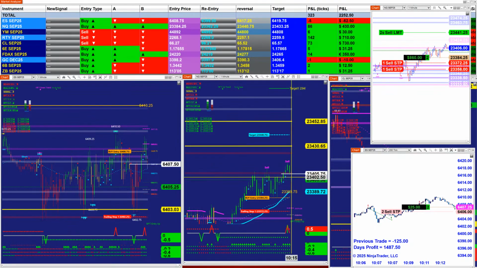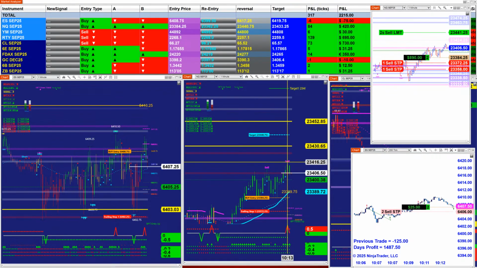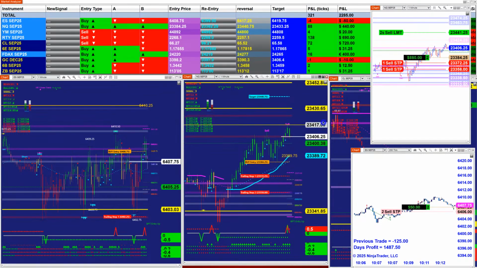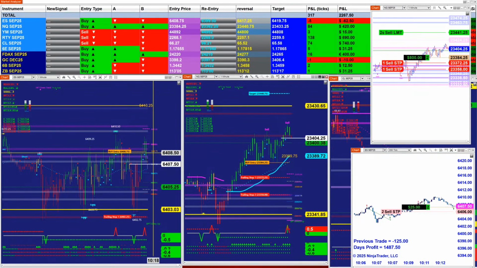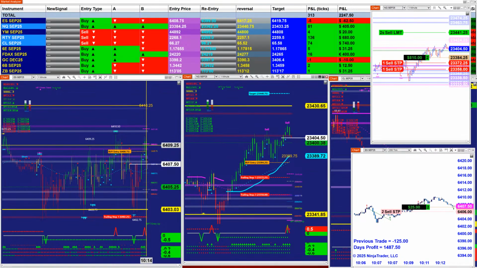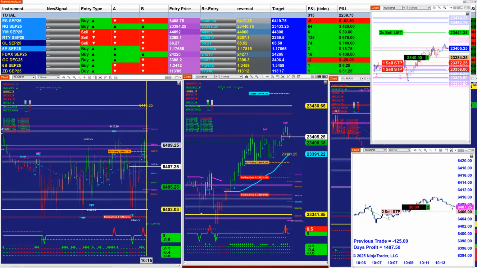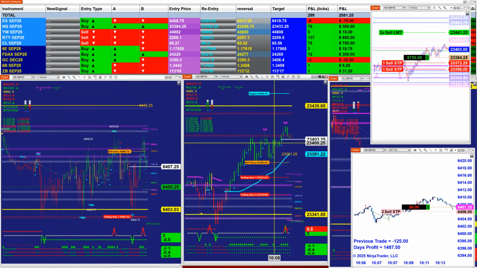This is the second signal. There is a little problem keeping going up with the Nasdaq, because the ES failed to maintain above the support area. So if you are auto trading the Nasdaq, there is nothing wrong with your auto trade.